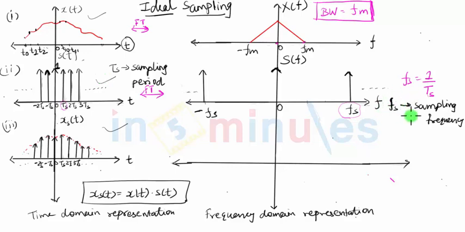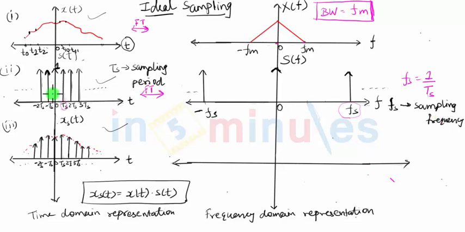Please remember that sampling frequency always tells you how many samples you are reading from the signal per second. If the sampling frequency is, let's say, 1 kilohertz, that means you are reading only 1000 samples per second. If the sampling frequency is 10 kilohertz, you are reading 10,000 samples per second, and so on.